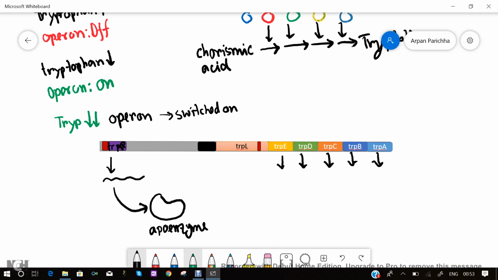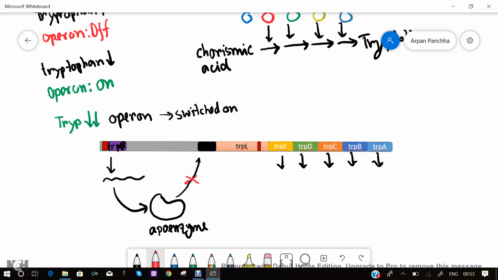but without tryptophan it cannot bind to the specific operator region of the trp operon and cannot suppress the tryptophan biosynthesis. Only when tryptophan is present in ample amount, it would produce a holo-repressor that can in turn bind to the promoter and block the transcription.